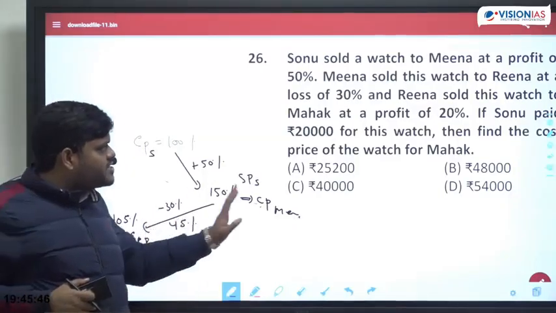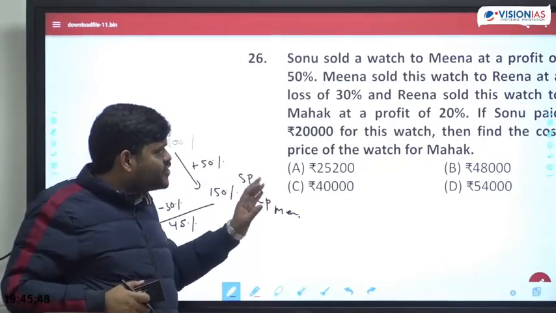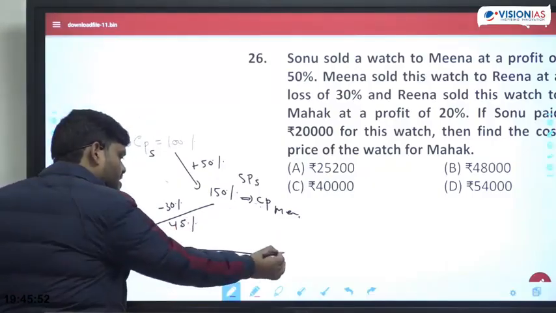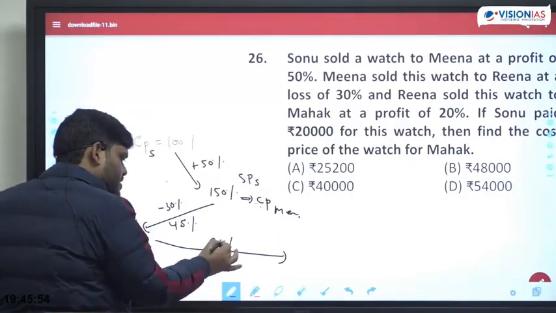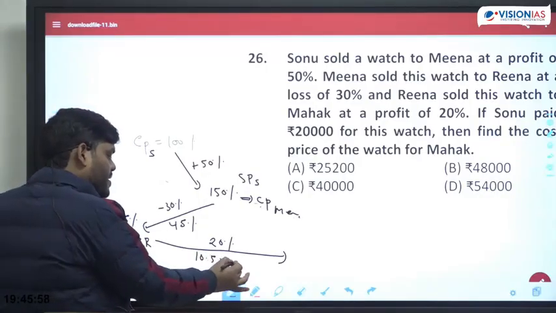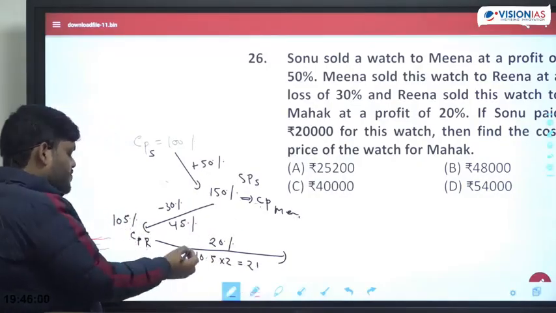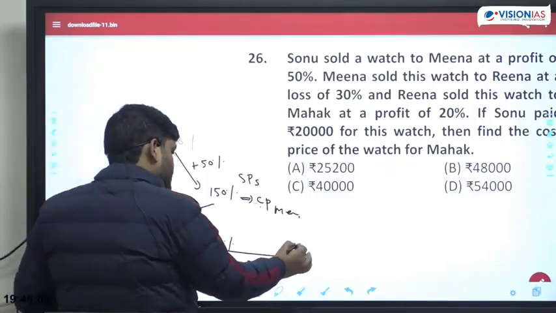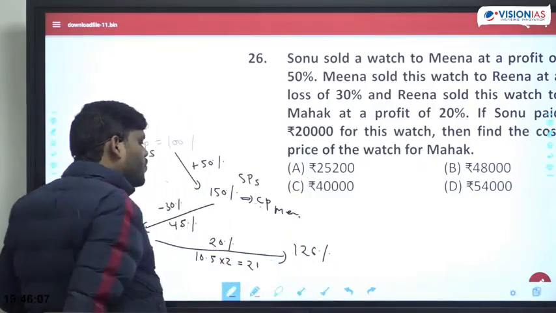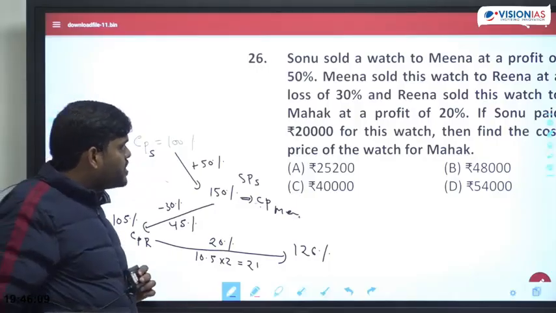Now what is the next step? And Reena sold this watch to Mahek at a profit of 20%. Now a profit of 20%: 10% is 10.5 and 20% will be 21. So if I add 21, this becomes 126% of the original price.